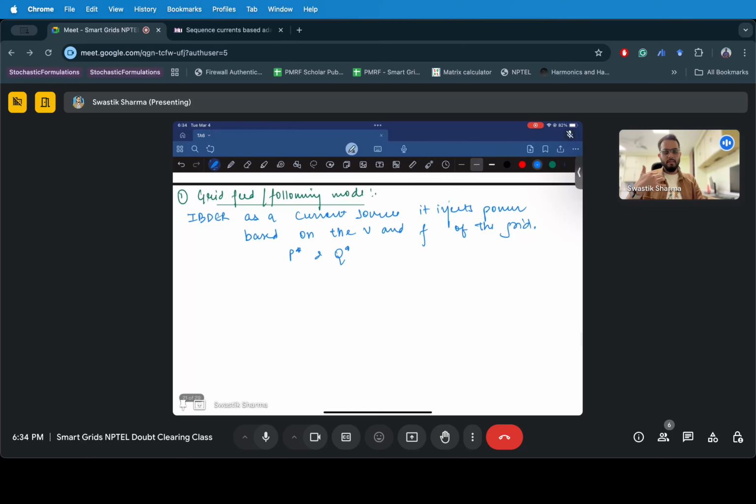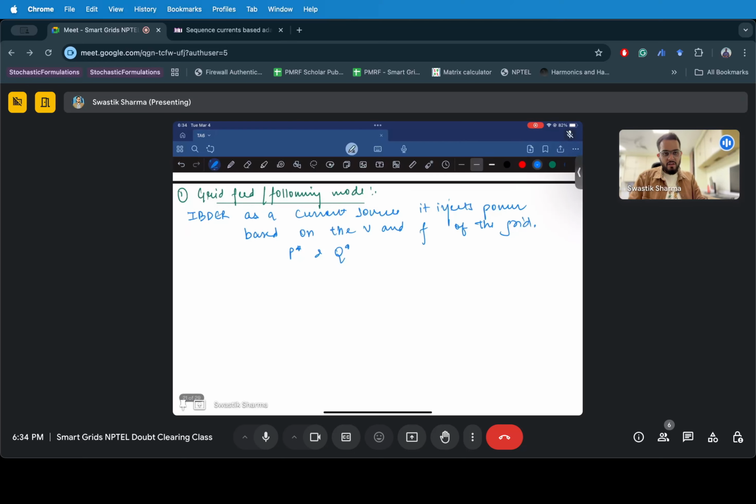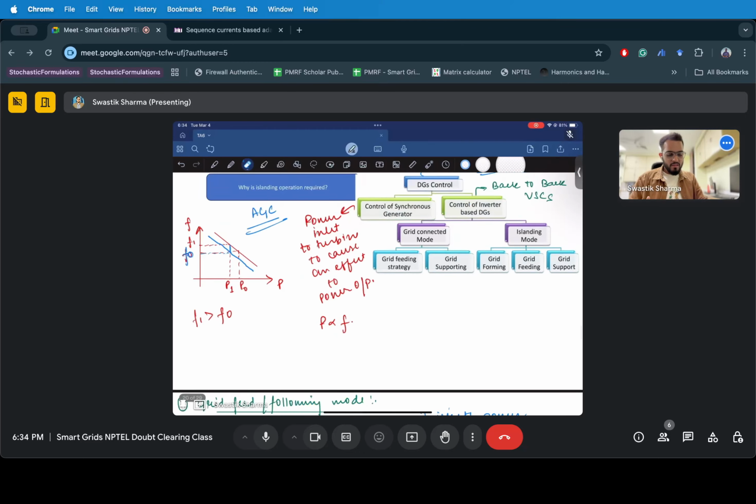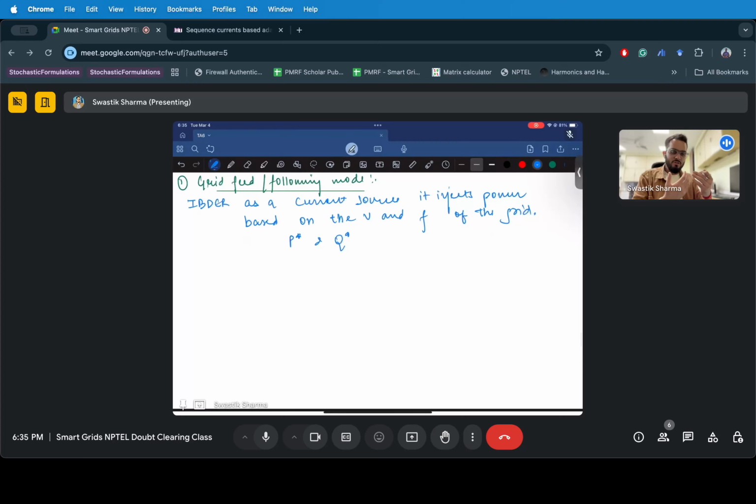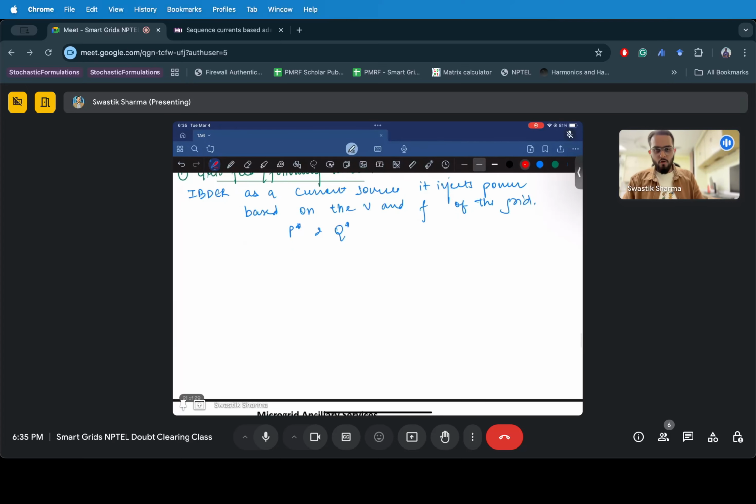So in a grid feeding or following mode, your converter behaves in synchronization, or in tandem, with the grid. But their only drawback is that they cannot operate in islanding mode, because in islanding mode you need to have these references P star and Q star coming from the grid, right?